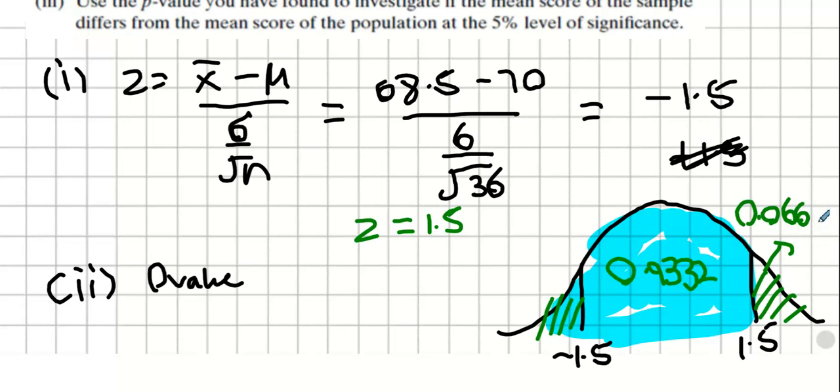Guys, double that value for me. 0.1336. Because that's bigger than 5%, we're in the safe region. Is that right?